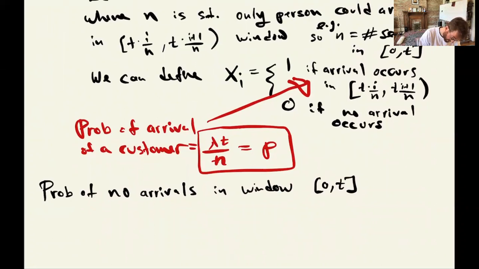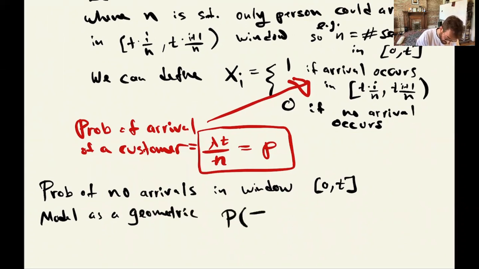So the probability of no arrivals in the window 0 to t, we can model as a geometric, where in particular the probability that the first success occurs after the nth window of time, meaning after we're past t, is equal to 1 minus the probability of arrival, which is the probability of no arrival, raised to the nth power.